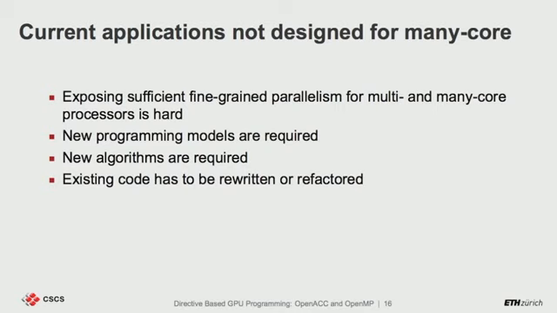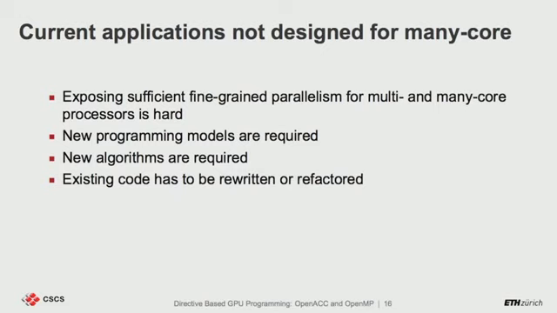The problem is that in the past we didn't care about computer architecture, basically. We were writing our code, and then we expected the next generation to come, give us more frequency, and boom, we had performance. Now, that's not the case.